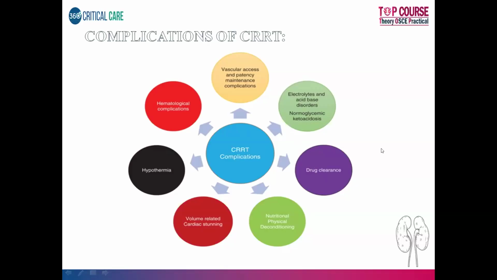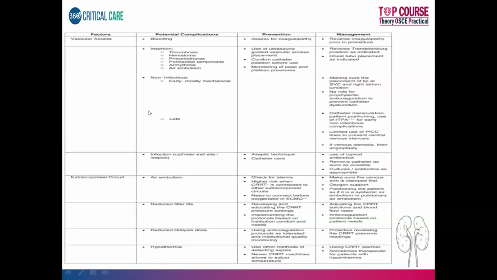So a lot of drugs, how to give it, whether to give full dose, we will discuss it later. Then the next one is nutritional and physical deconditioning. Volume-related cardiac stunning. That is, if you remove a lot of ultrafiltrate, then it leads to cardiac stunning because of hypotension, hypothermia, and hematological complications. So these are the complications of CRRT.